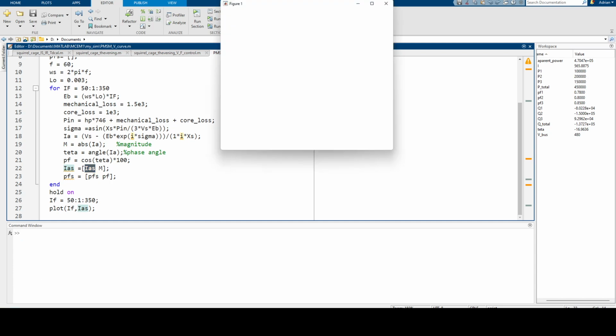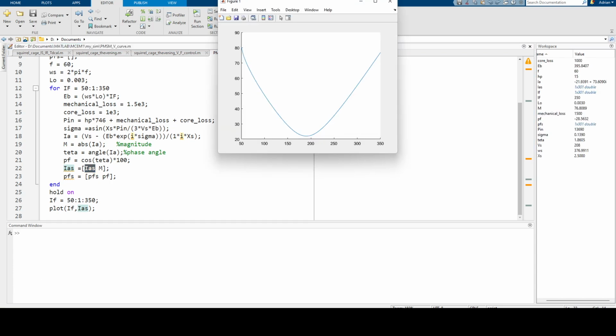So when we run this, we can see here on the x-axis we have our IF and on the y-axis our IA.